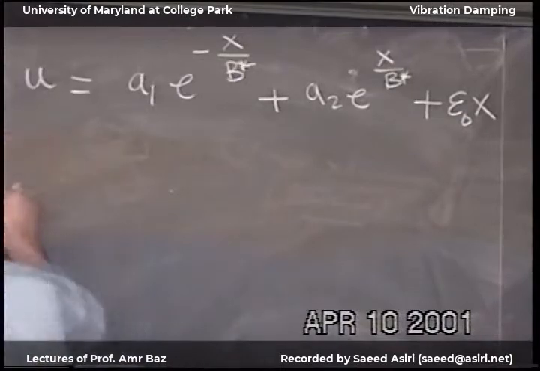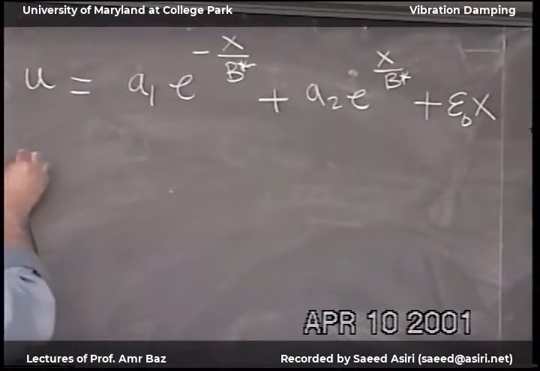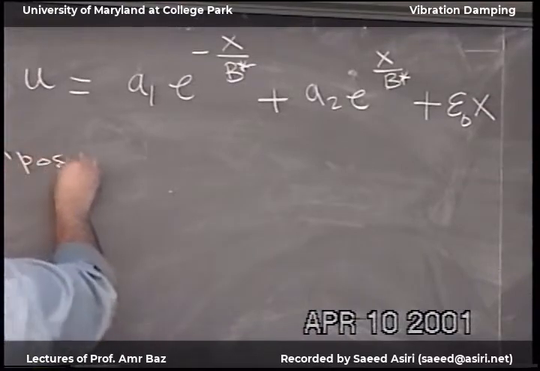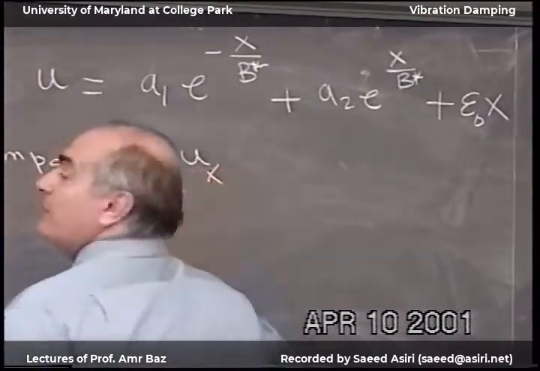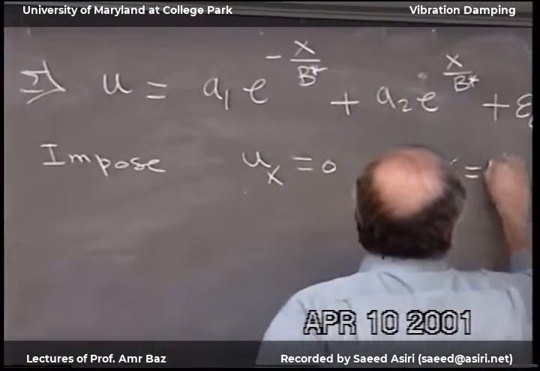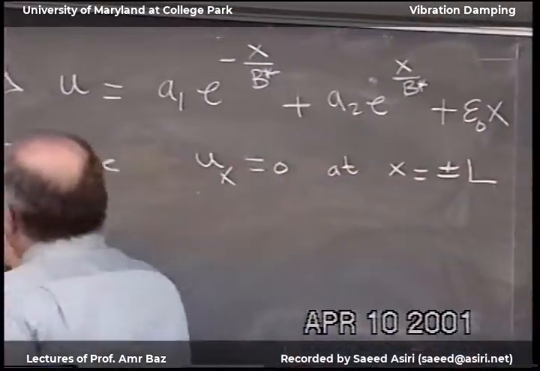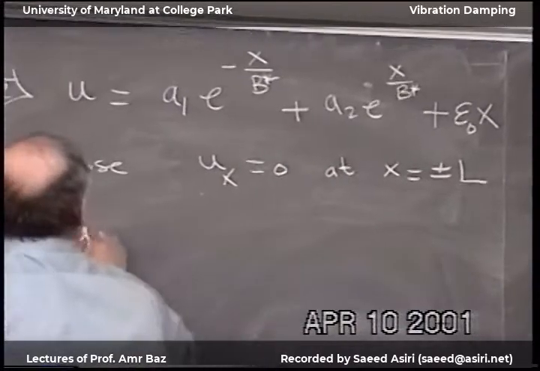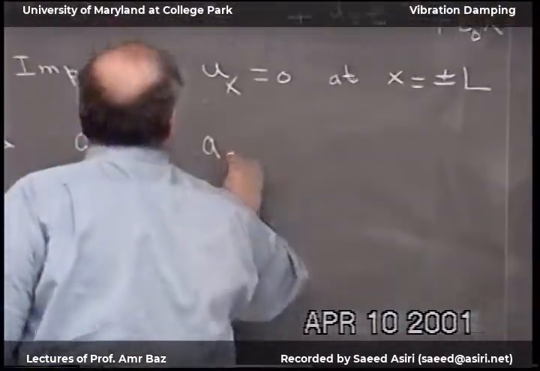And then now impose partial u by partial x is equal to 0 at x is equal to plus or minus L over 2. Then we'll find a1 and a2.